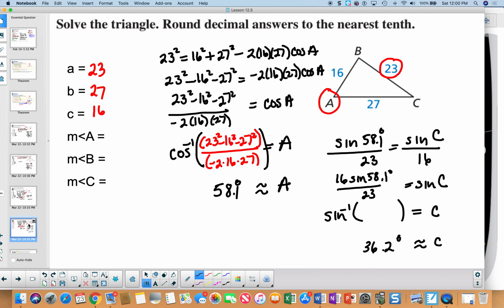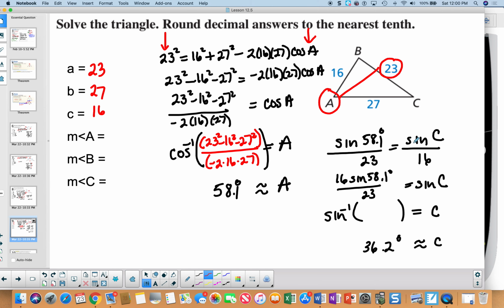Okay, this is the last problem. It's kind of a half-done problem. I have all the sides here, and so I've decided I was just going to try to figure out angle A. So notice that I have angle A here, and I have side A right here. And notice that I took everything to one side. I went ahead and divided, and then I took the cosine inverse, making sure to put parentheses around the numerator and denominator, and I got this answer.